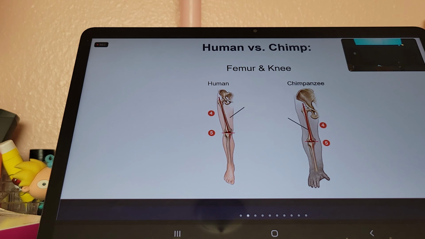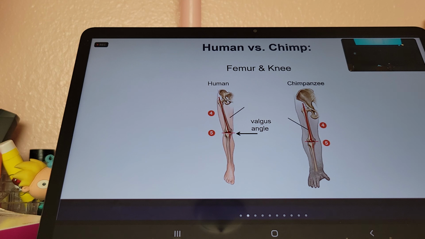So there you can see the straight drop of the chimp on the right, and that medial angle of the femur to the knee in the human. This is called the valgus or medial angle.